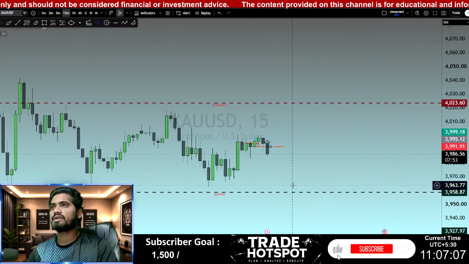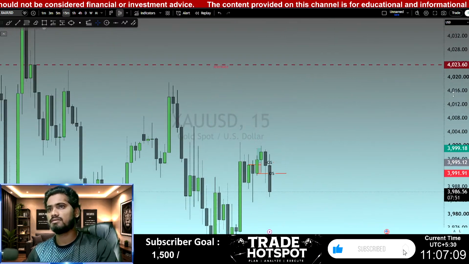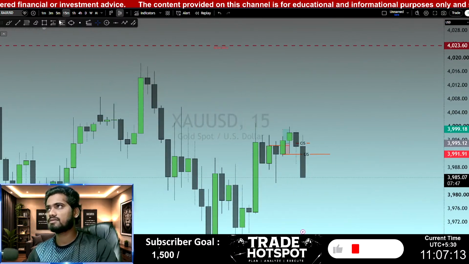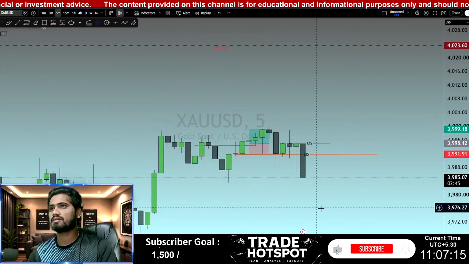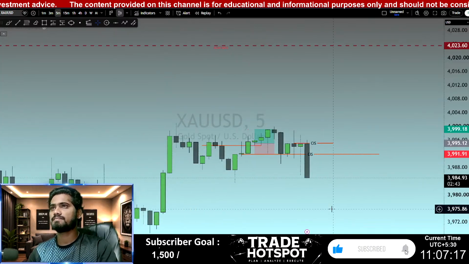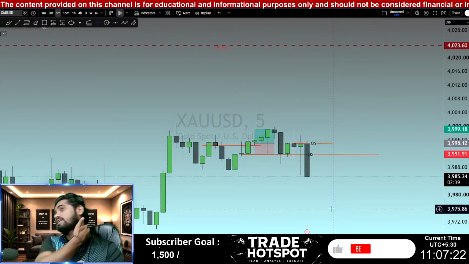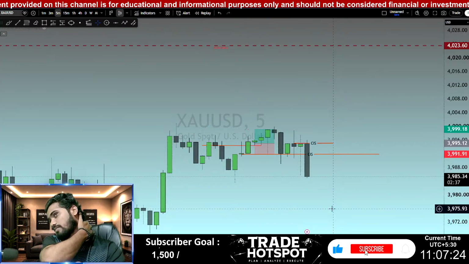Right now you can see, guys, there is a downside movement coming in the gold. I'm waiting for strong confirmation at this point.